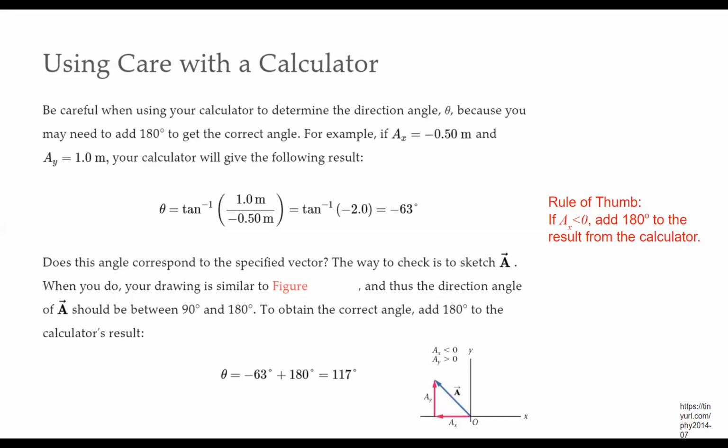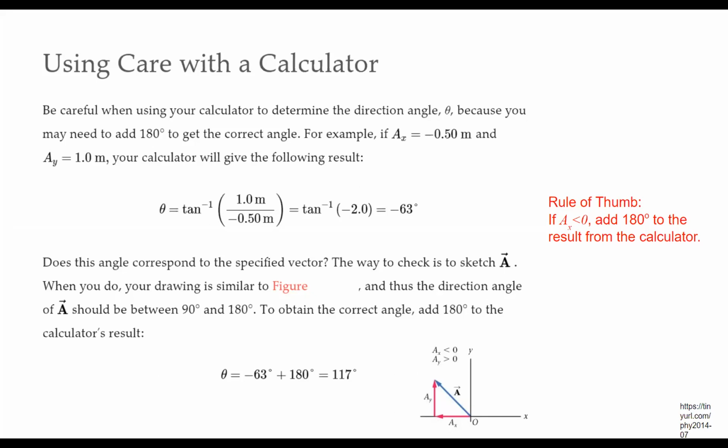So it might give you a false number, -63 here, because if x is negative and y is positive, then your vector is in the second quadrant, but it will give you a negative number. That means it's giving you the direction below x, so it's not correct.